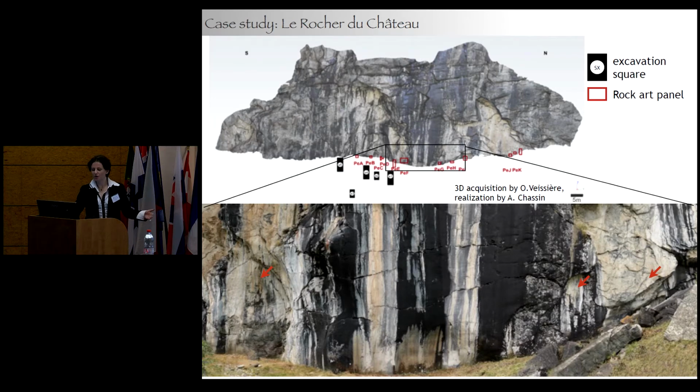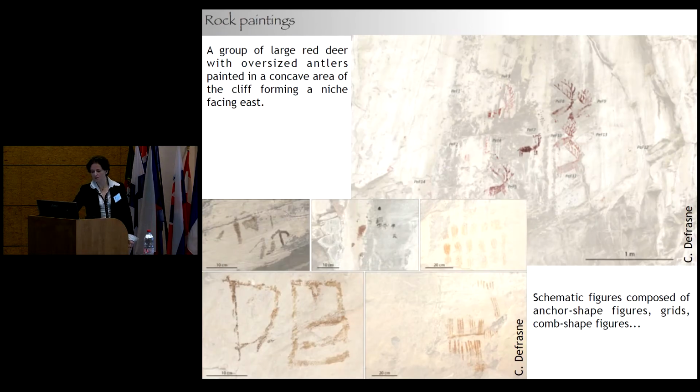The paints are developed over about 80 meters at the bottom of the cliff of this huge block, and there are several excavation squares realized by Eric Thirault at the beginning of the 2000s. We try to understand the development and the different figures we can find in this Rocher du Château.